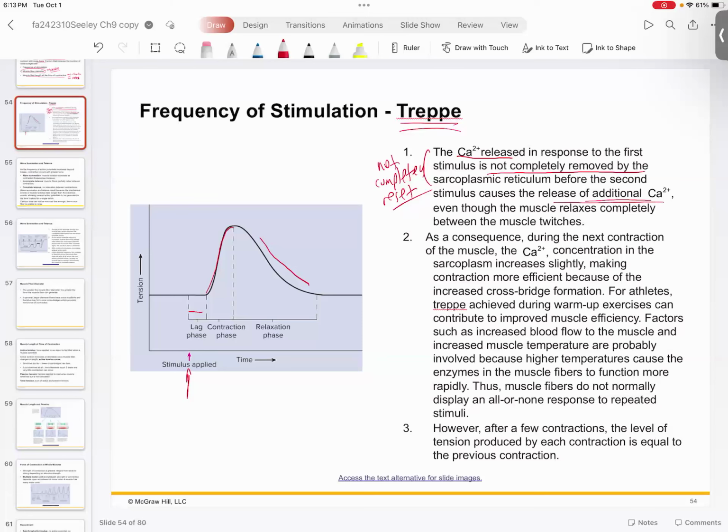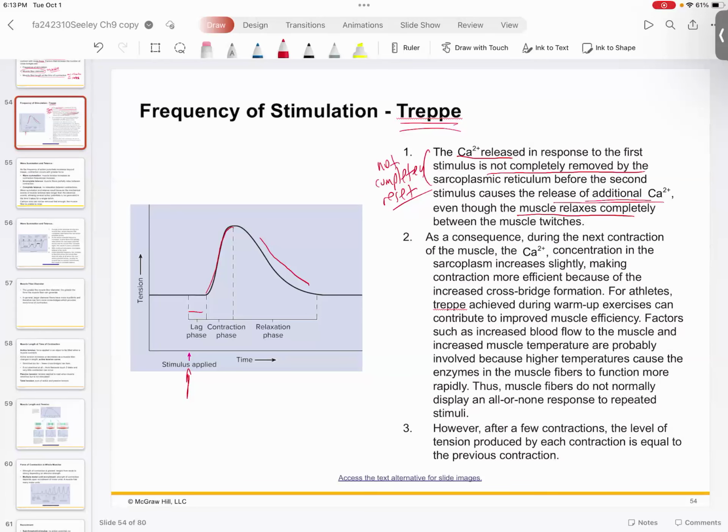And so the muscle has been able to relax between the muscle twitches, but you have a little bit of an inefficiency in your resetting of your calcium. So then, what is the consequence? You get full relaxation, but you don't get that full calcium cleanup.